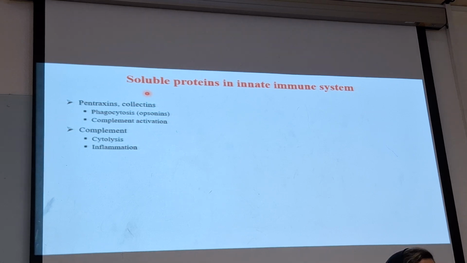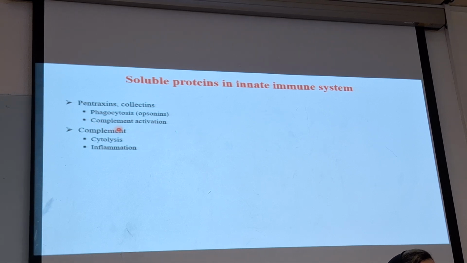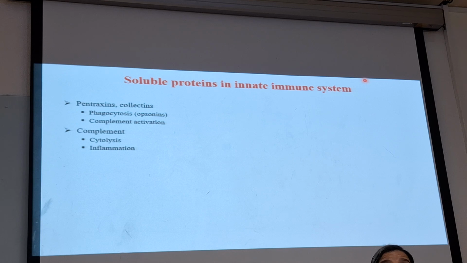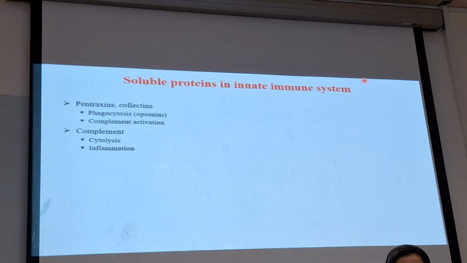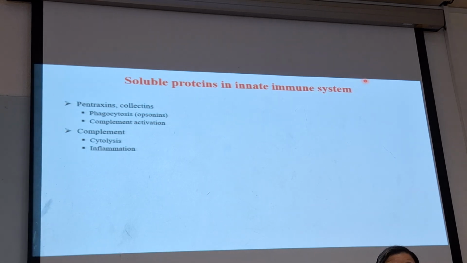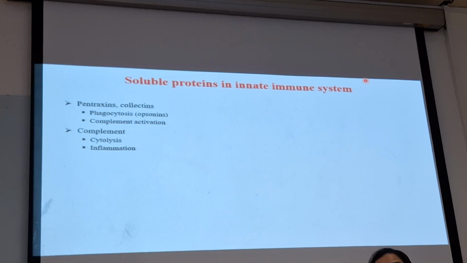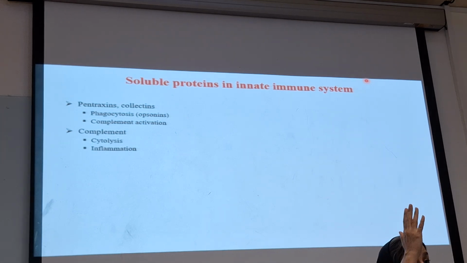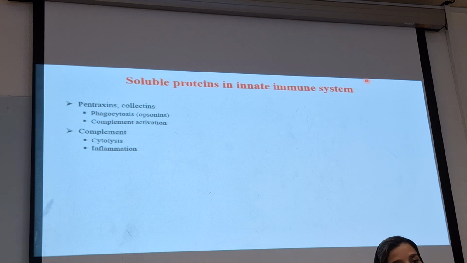Another action is complement activation. Complement is a mix of soluble proteins in our body, and you have a session about the complement system. Every protein activates another protein, and another activates another, so they are activated in a cascade manner.